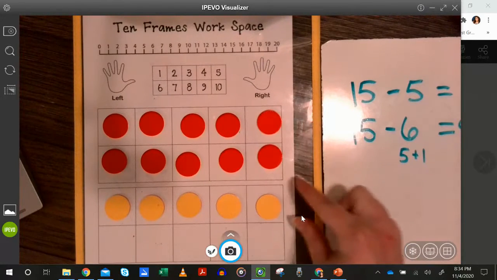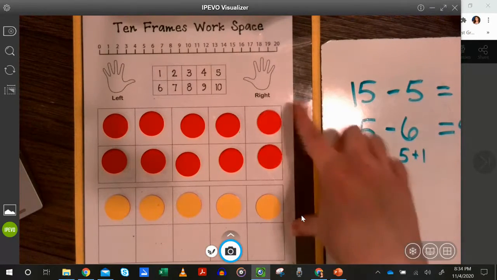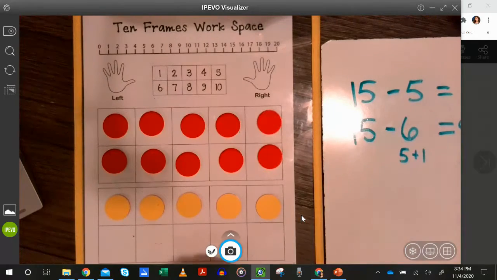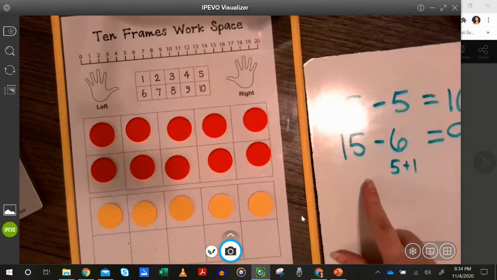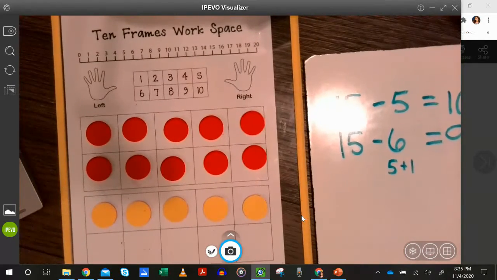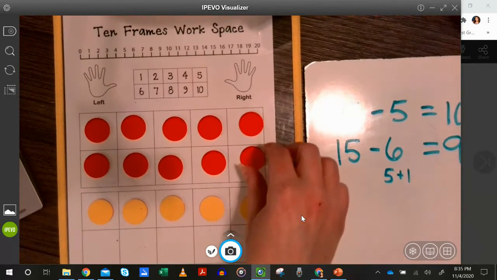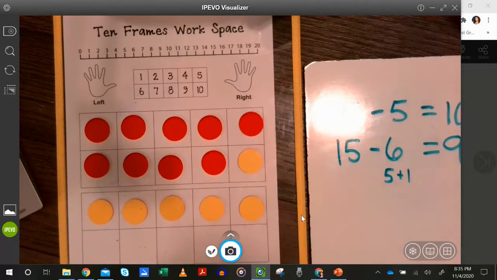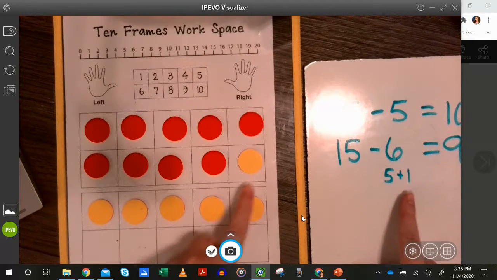A group of 10 and 5 more. That means 15. But remember, we wanted to take away 6, not just 5. So if I take away 6, what did I take away? I took away 5, there's my 5, and 1 more.